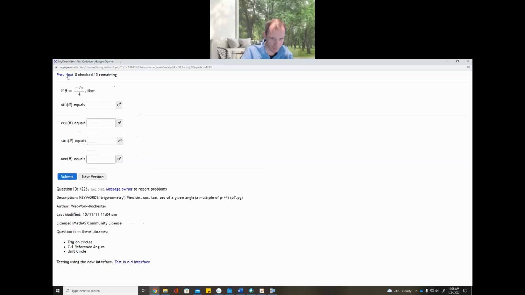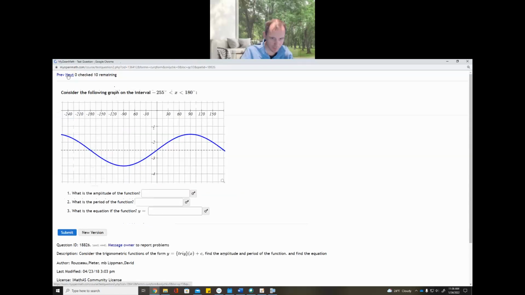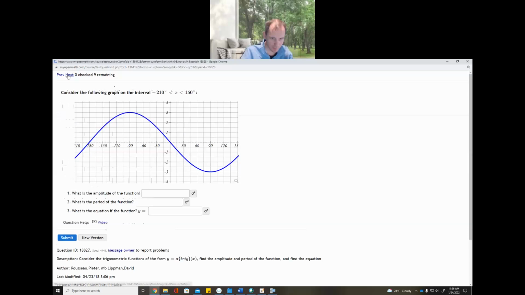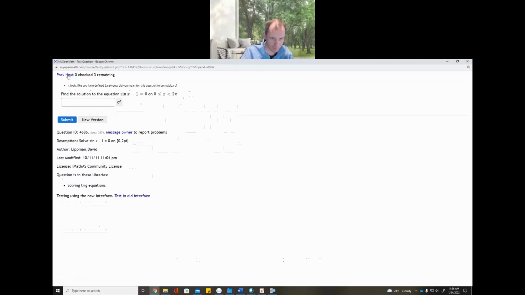All right, so having said that, are there any questions in here that we want to take a look at? There's all sorts of stuff, graphing, period, phase shift, amplitude is more graphing. Solving equations. Solving equations is probably going to be the most important thing in this section because out of the stuff that we do with trig later on in this class, this is going to be the main thing, right?